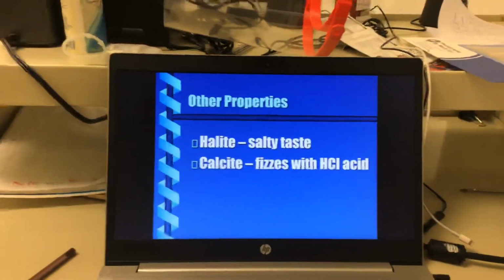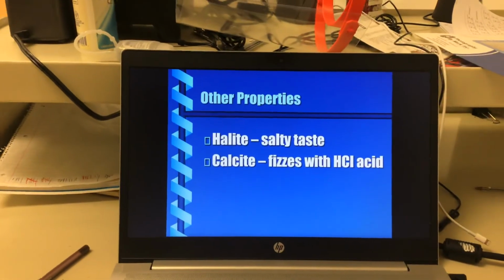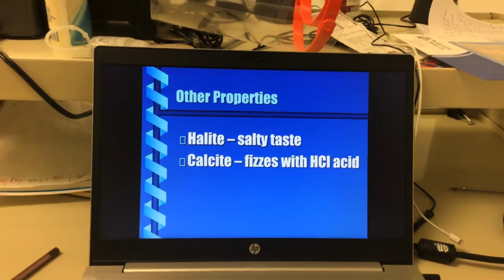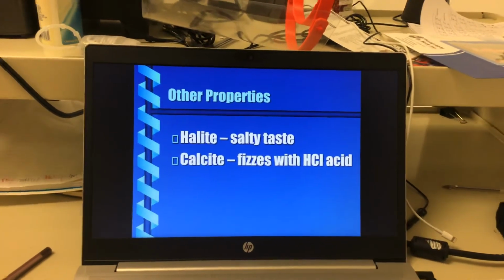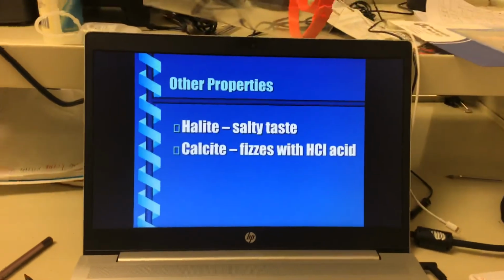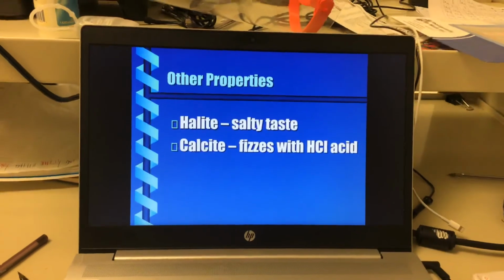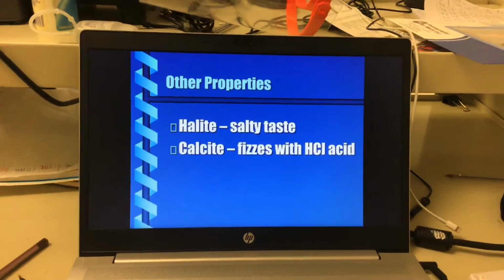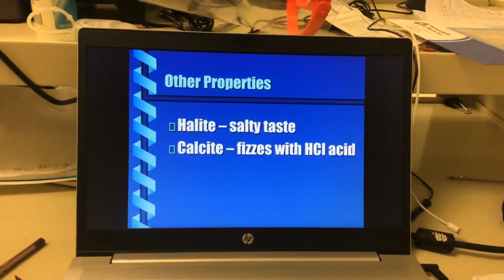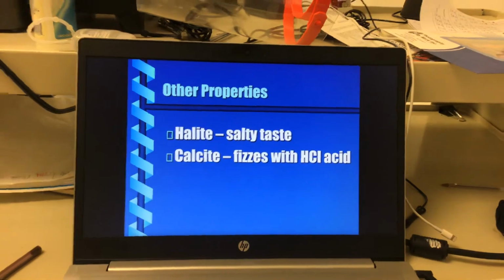And then other properties. Why don't we write these down? Some of them just have some crazy properties. For example, halite tastes salty. I don't know if you guys have ever seen the really old school Rudolph the Red-Nosed Reindeer. They play it all the time in December. There's the little prospector dude, Yukon Cornelius. He has the hat and the little pickaxe, okay?